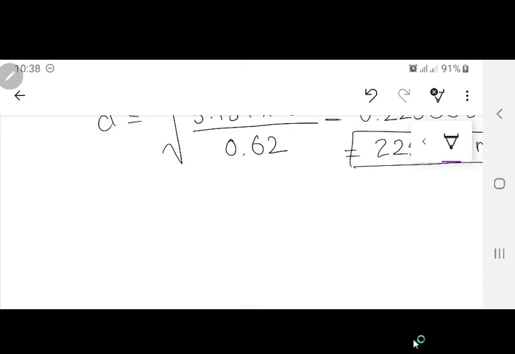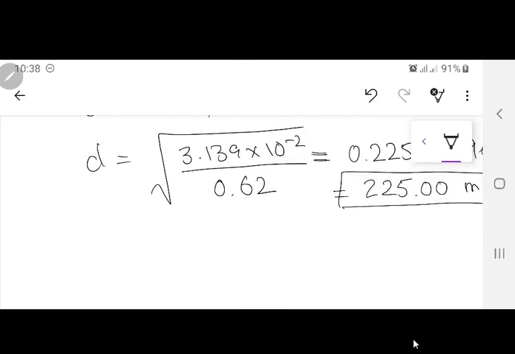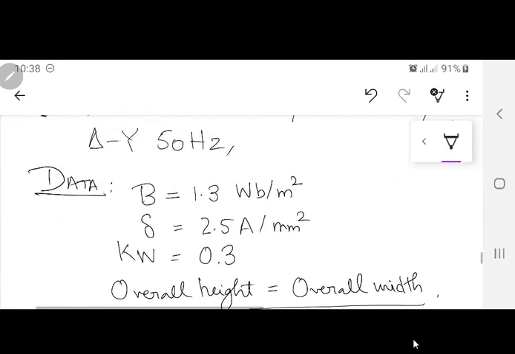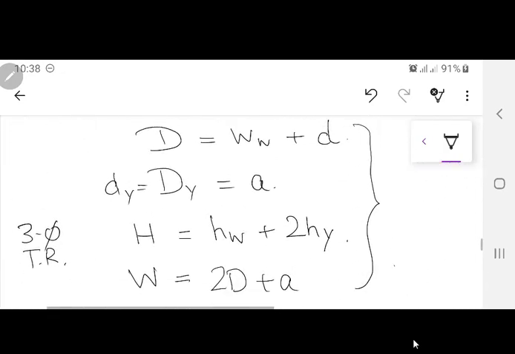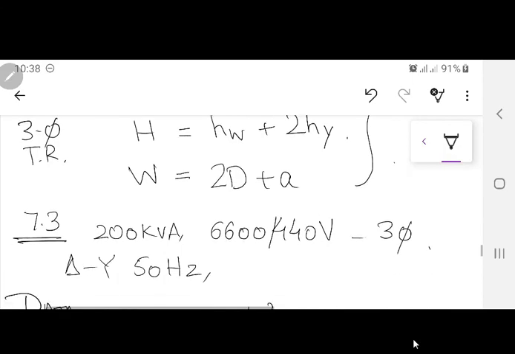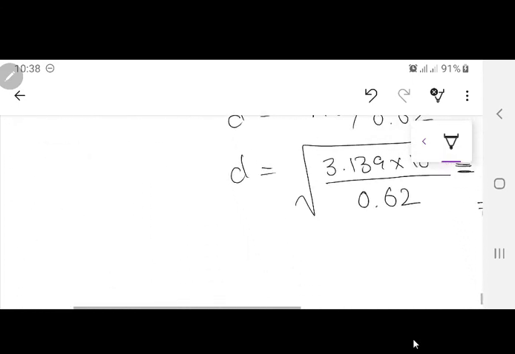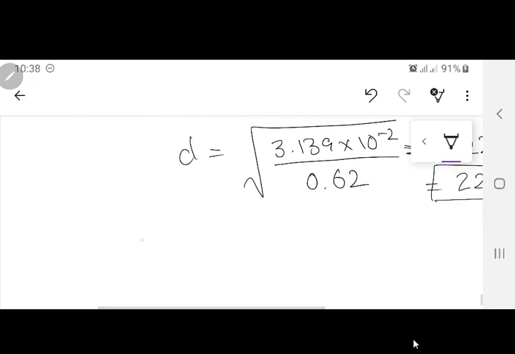Now I know D. Now since this is a 3-phase transformer, and for a 3-phase transformer we have done this one over here, which means I have got D here. Now when I found out D, the overall width of my transformer, which is equal to W, is equal to 2D plus A. And what was D equal to?